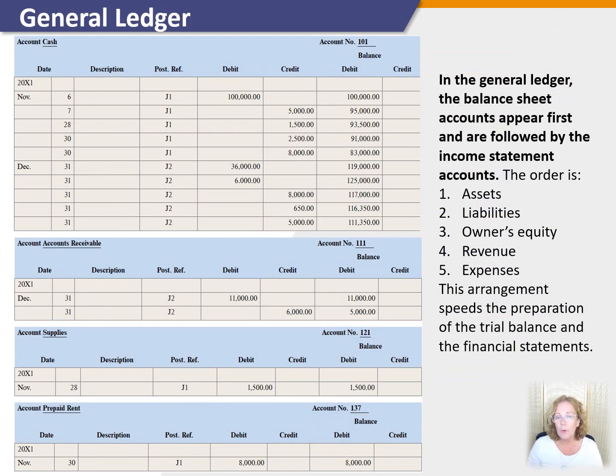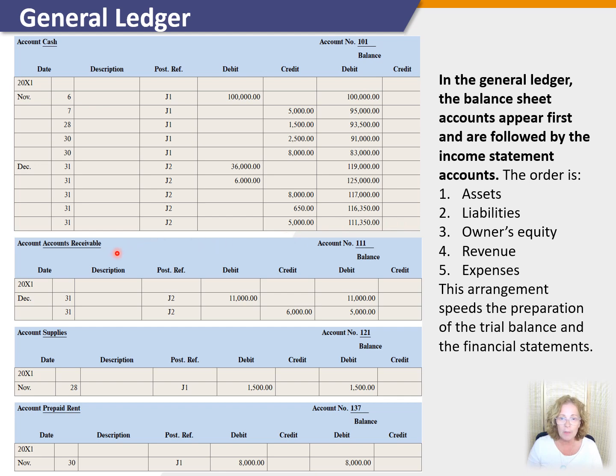Once all of our 12 journal entries have been posted, we can look at Eli's Consulting General Ledger. We can quickly see what we record in each account, the date and amount, and the balance in the account. Our bank balance has 10 transactions, and the bank balance is $111,350.